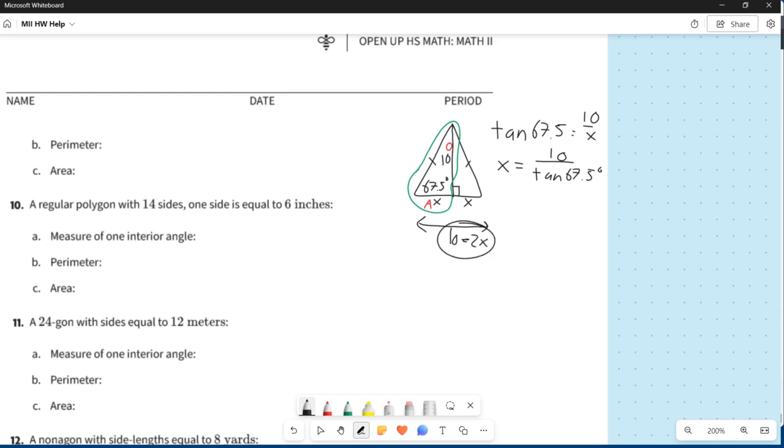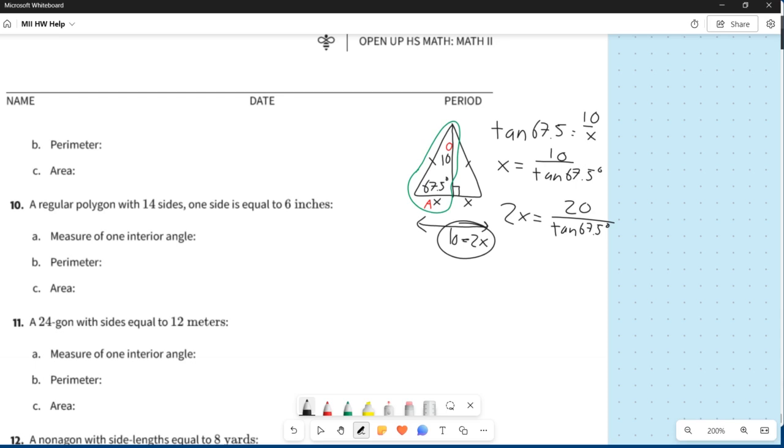Now notice here that we want 2x. Well, this isn't too bad. We just double it. So when you double this, you get 20 over tangent of 67.5. So that is the base of our triangle, 20 over tangent of 67.5 degrees.